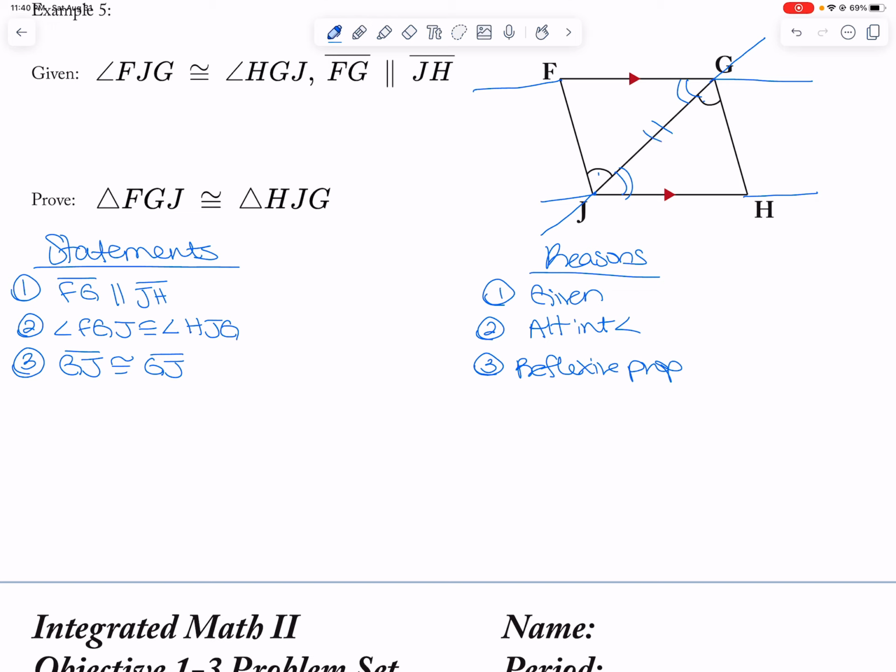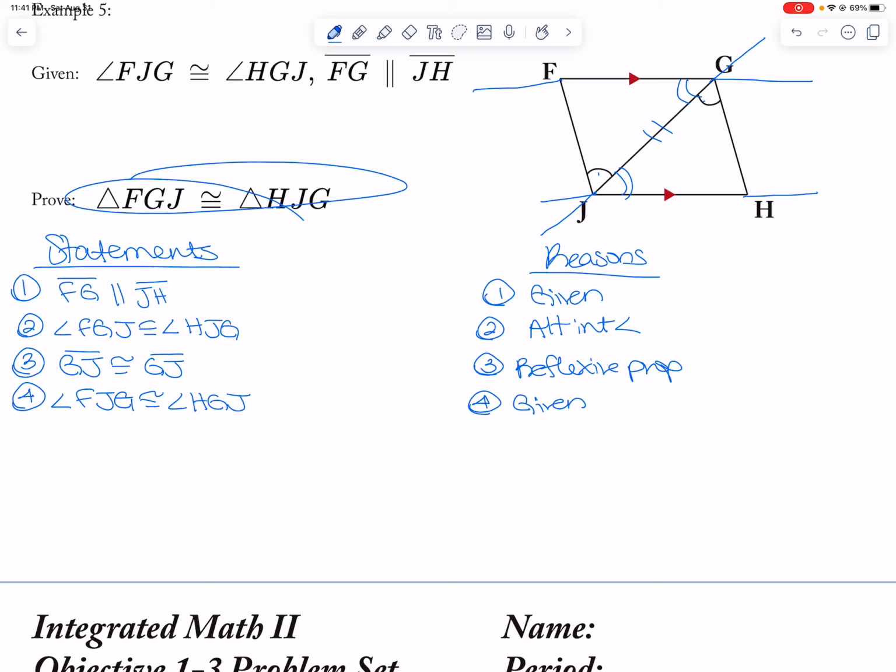So then I have my given statement now of angle FJG is congruent to angle HGJ. Should have picked better letters. And that's given. And now I can show that these triangles are congruent by angle, side, angle. So triangle FGJ is congruent to triangle HJG by angle, side, angle. Okay, and that is it for this lesson.